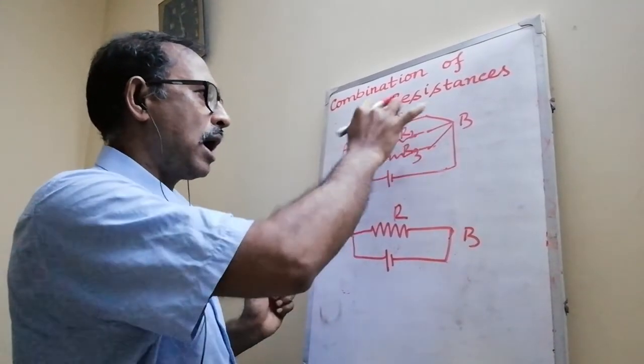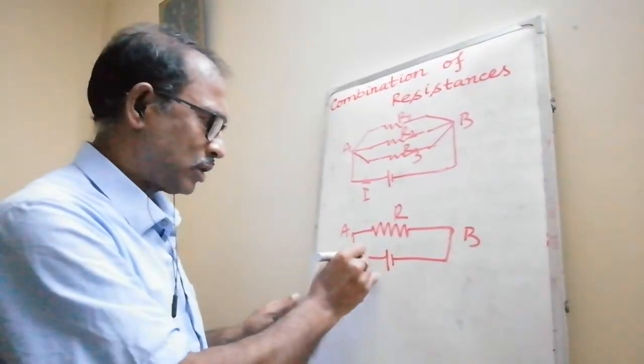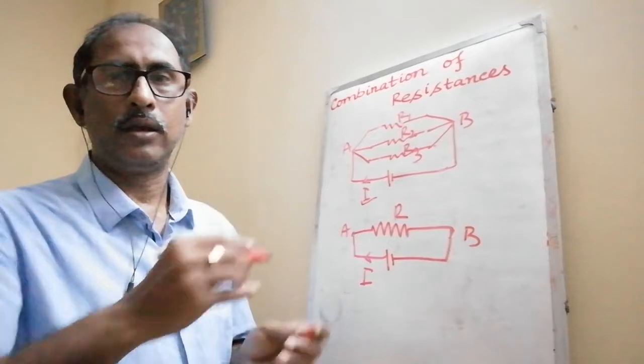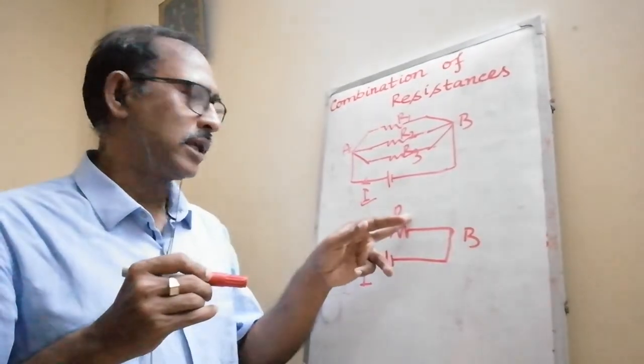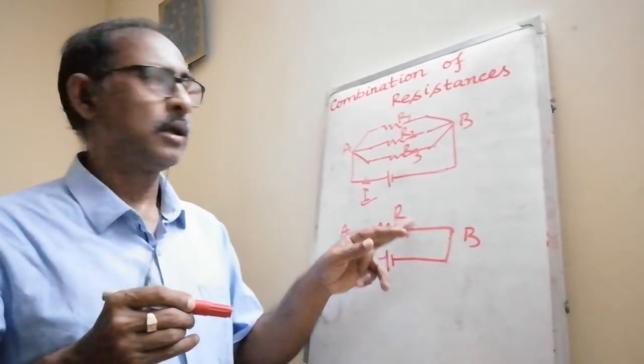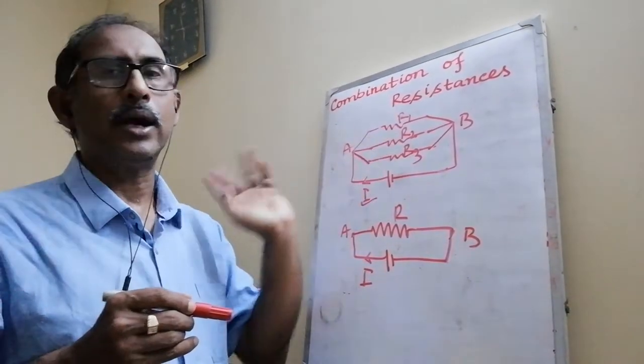In place of R1, R2, R3, you put a single resistance R in such a way that the circuit current remains unaltered I. Then this single resistance is known as the equivalent resistance of R1, R2 and R3.